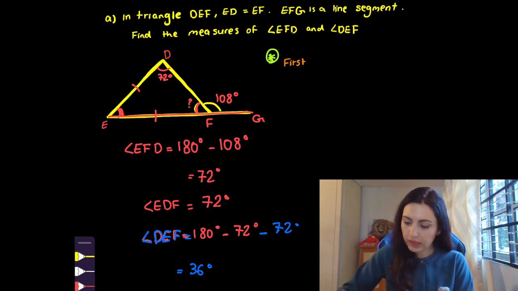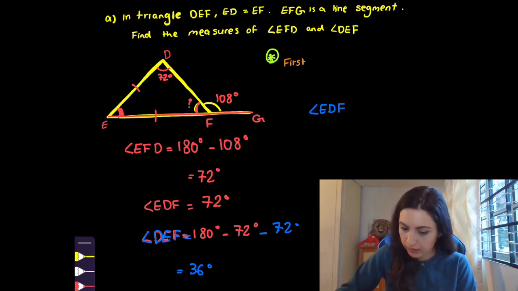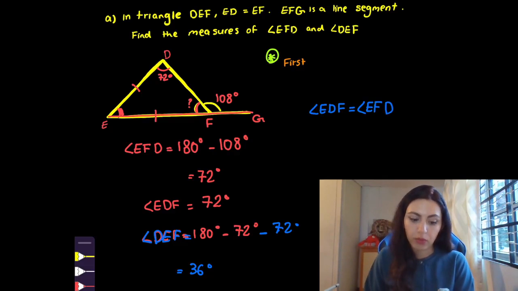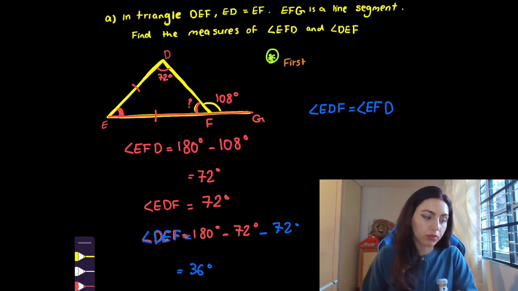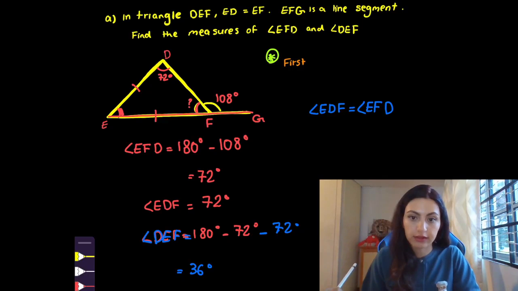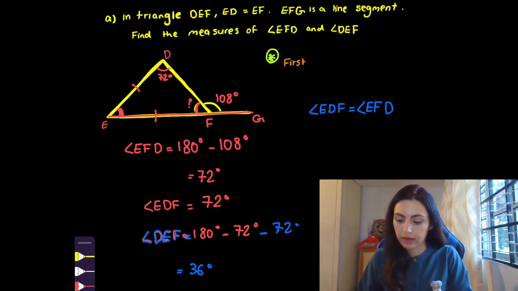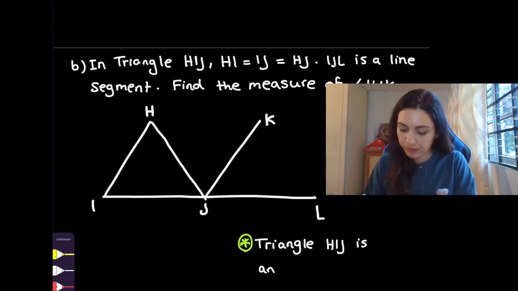Because angle DEF is equal to angle EFD, and both of them are 72 degrees. Okay? Refer to page 107. But don't worry, I'm going to do some questions after finishing the lesson. Then you can have a better understanding of it.